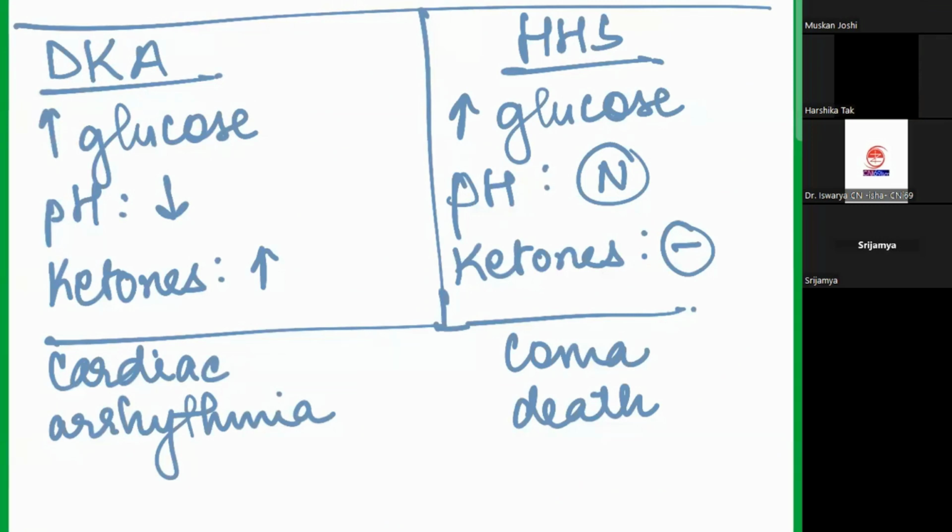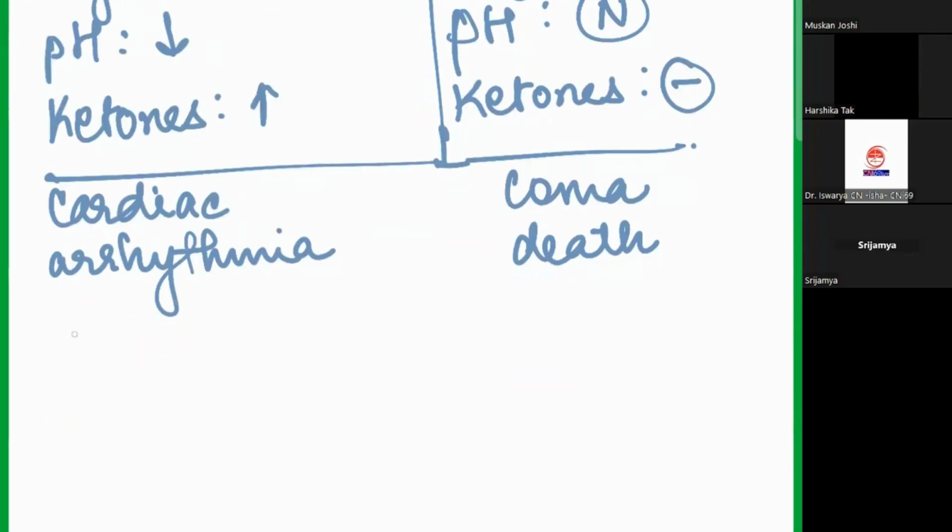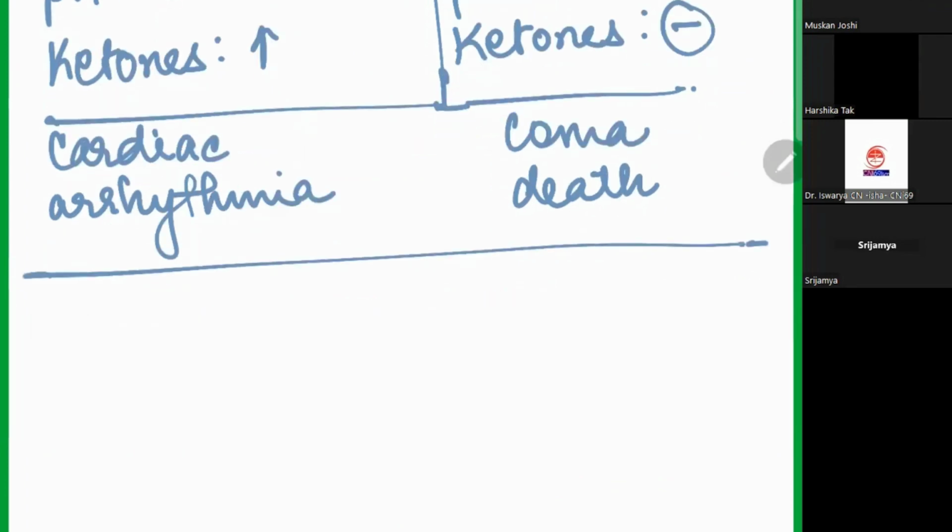Okay, then let's talk about some more findings, because they will also give you some questions. For example, they might ask you how things happen when insulin is reduced. So there is one chart that you should understand, because sometimes they will give you the whole case and ask what is happening in case of lipolysis, proteolysis, gluconeogenesis, osmotic diuresis, or maybe ketogenesis.